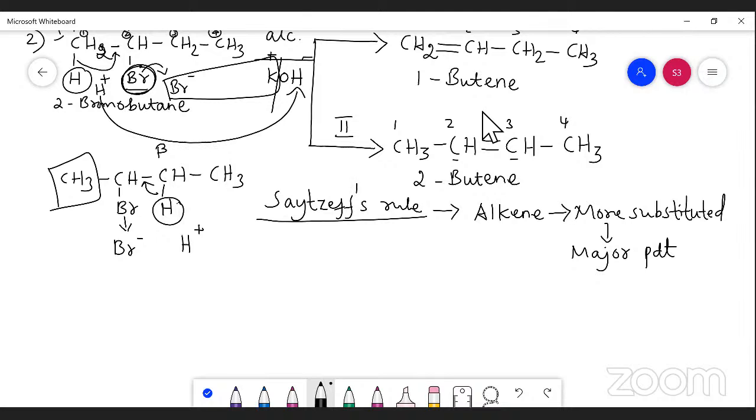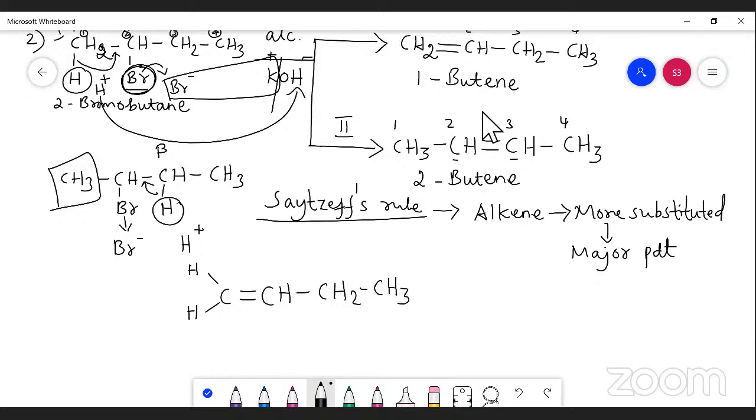Take the first compound, 1-butene, where there is a carbon-carbon double bond. The first carbon, CH2, has 2 H. The second carbon, on the double bond, contains only 1 hydrogen. The third carbon contains 2 hydrogens, and the fourth carbon contains 3 hydrogens. Is it clear?